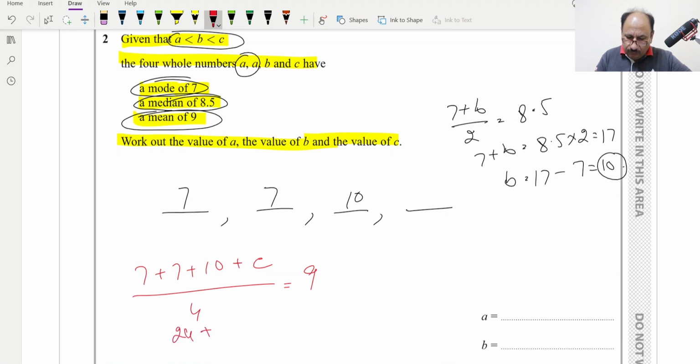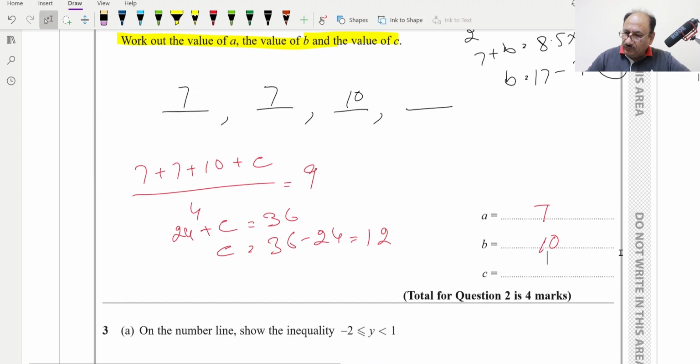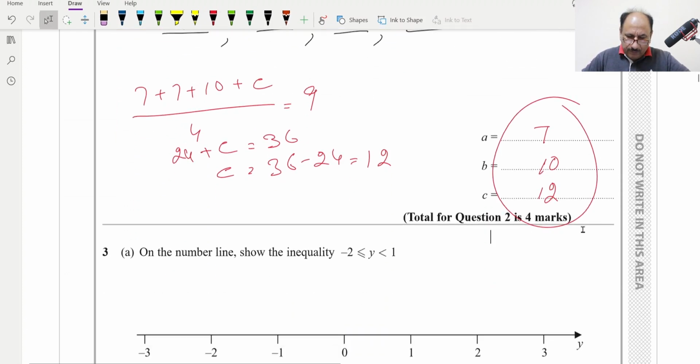So 24 plus C is equal to 9 into 4, which is 36. So C is equal to 36 minus 24, which is equal to 12. So A value will be 7, B value will be 10, and C value will be 12. This will be our final answer for A, B, C values.